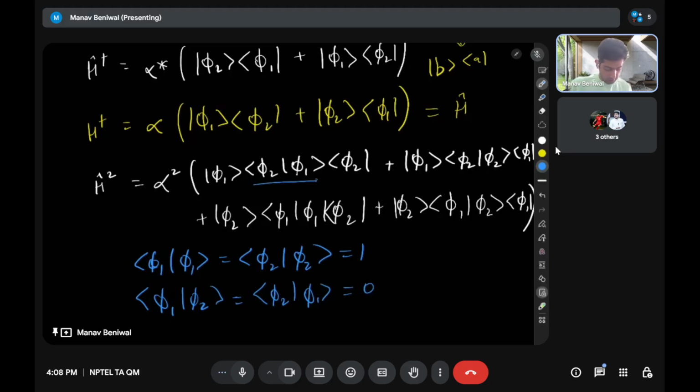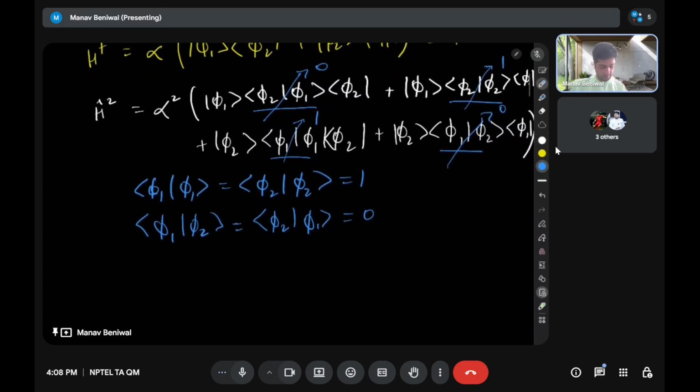So here we have these four terms, meaning this first term and this second term will go to 0, and these two will go to 1. Then our H squared will become alpha squared times |phi 1><phi 1| plus |phi 2><phi 2|.